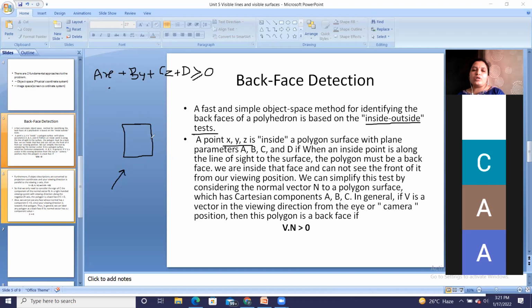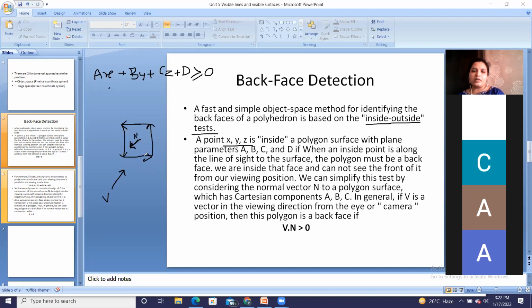Then we denote them in the anti-clockwise manner. So whenever I draw the edges and show the direction as anti-clockwise, that particular face is pointing its normal towards the user side.